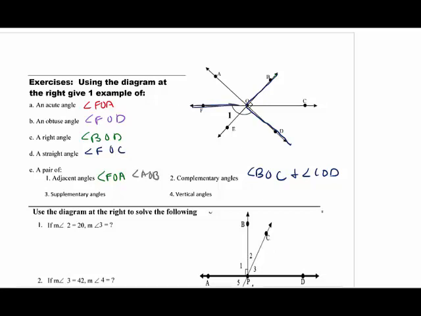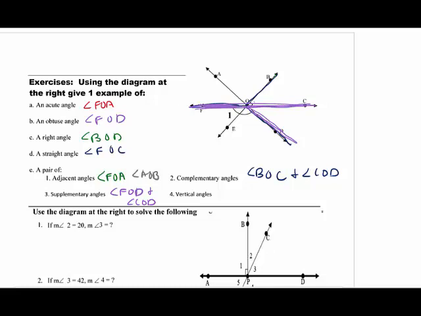I am going to use angle FOD, and then I would need COD to create that straight line. So FOD and DOC, or COD.